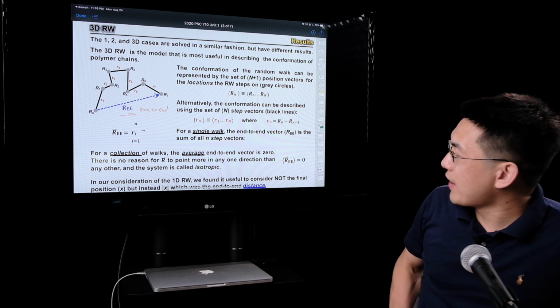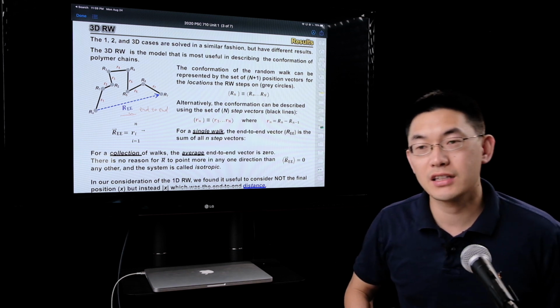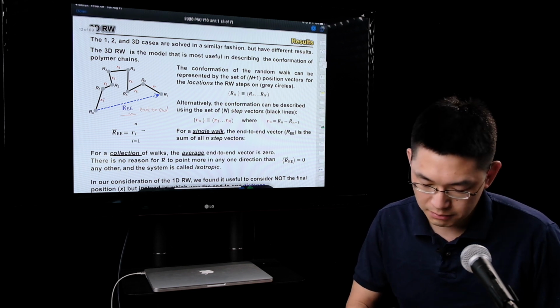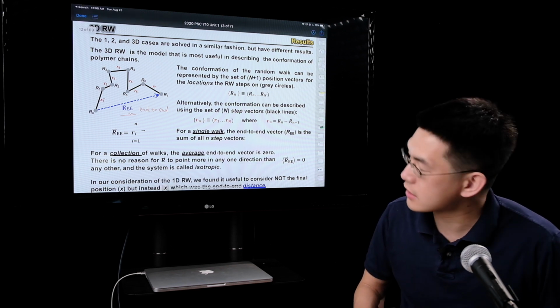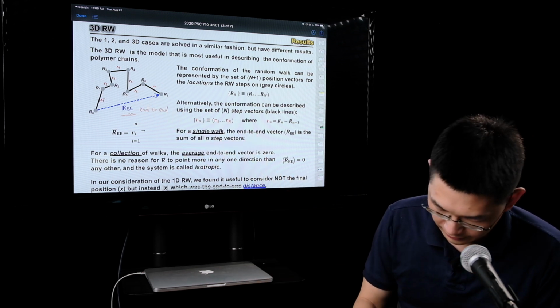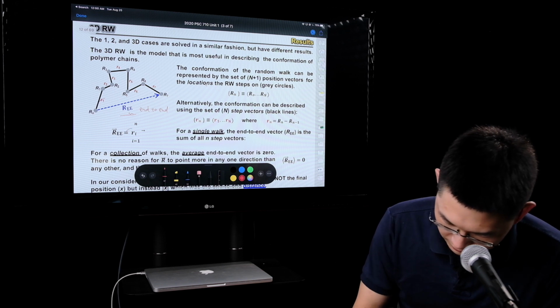In the vector concept, it is very straightforward. The vector is just a sum of the single vectors. So R1 plus R2 plus R3, all the way to the end, and then we get REE. In other words, it's actually missing a sum symbol here.